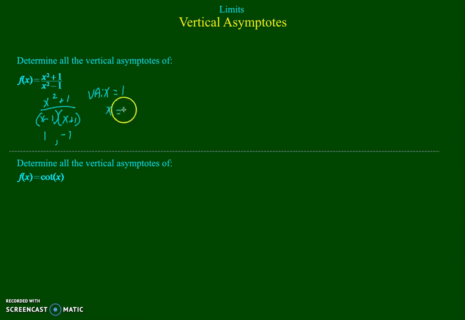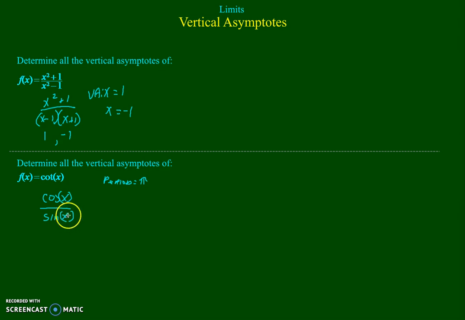Now down here, for this function, cotangent is simply cosine over sine. We know that the period of cotangent is the same as the period for tangent, which is pi. So the period is pi radians. And if we take a look at where this denominator is 0, well, sine of 0 is 0.